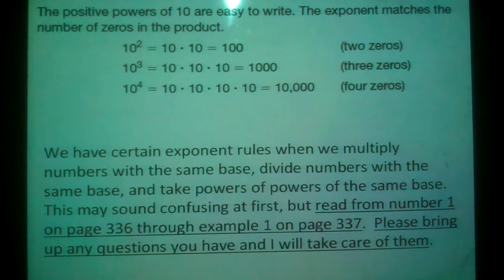Okay? And tomorrow we'll have the students read through a couple things, and we're going to have some exponent rules. When we multiply numbers with the same base, divide numbers with the same base, and take powers of powers of the same base, we'll have them read through some examples, and then we'll come back together and go through those things.